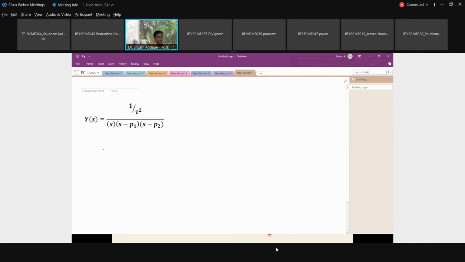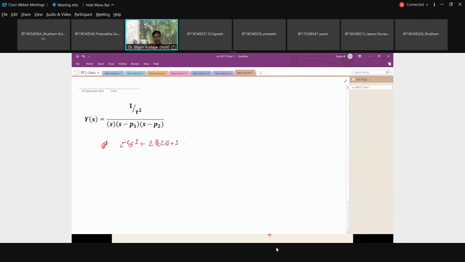Okay. Now, see here. Actually, when we say the quadratic expression is our tau square s square plus 2 psi tau s plus 1.